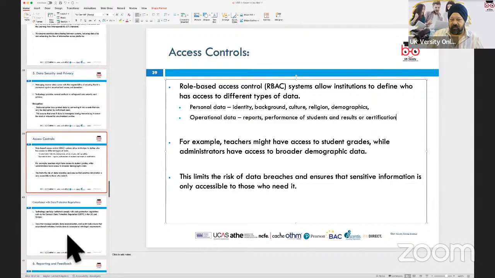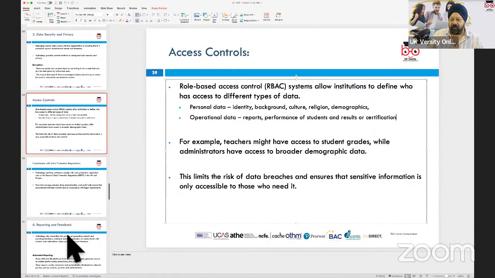In such cases, the compliance manager or the data protection manager, the DPO or data protection officer, would define the access and allow the access to such data for an employer. I'll give you an example. If you had completed this course and you apply for a job in a school, and the school wants to verify the diploma that you achieved, the school will write to your provider to ask whether the student studied with them in the college and achieved this qualification.